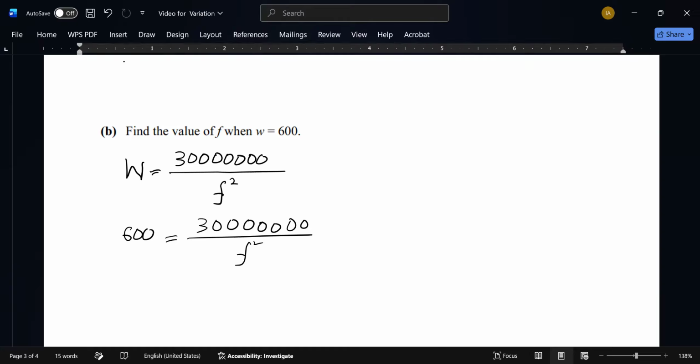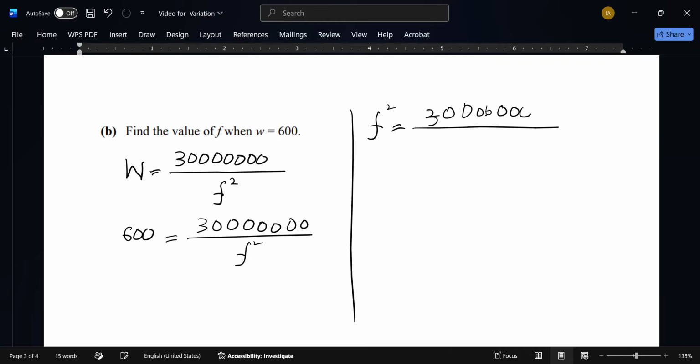Let's make F squared the subject. F squared is going to be divided by 600.